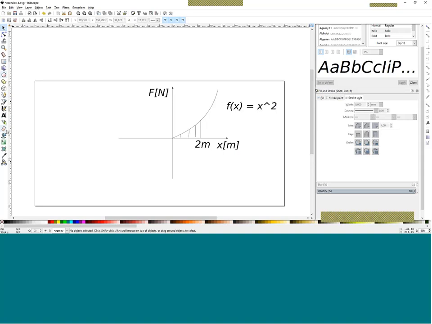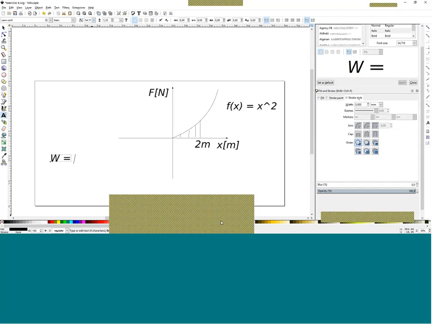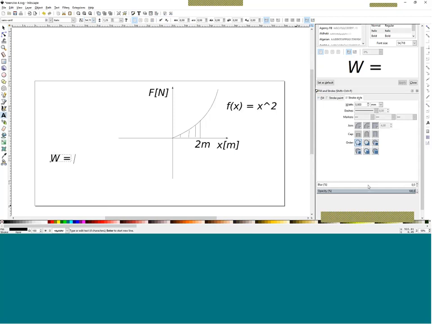I say that W is equal to the integral of f of x dx.